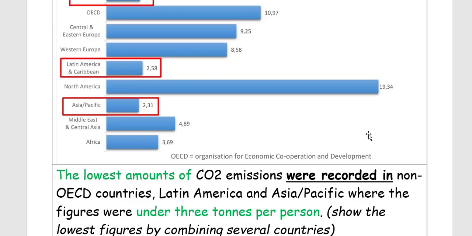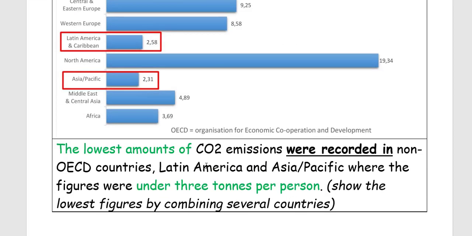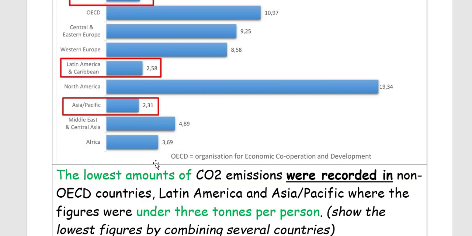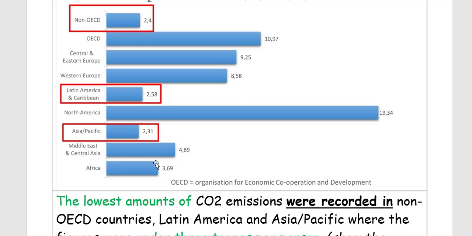Next, the lowest amounts of CO2 emissions were recorded in, so then the strategy is you need to focus on the countries which produced the lowest amounts of carbon dioxide emissions, okay? And again, put them all together in one group.